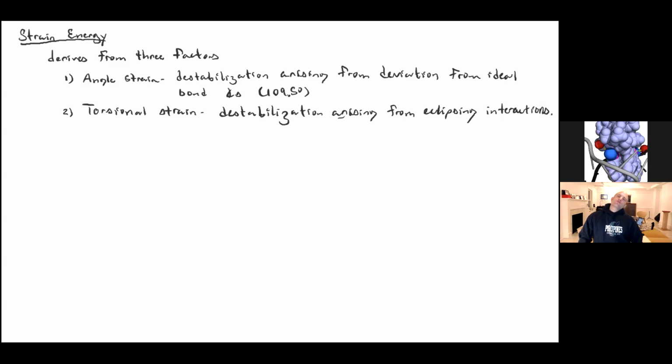And then the third contributor is what we call transannular strain. And this is a new one. And so transannular strain describes repulsive interactions between substituents across a ring. And for us, this is going to involve interactions between hydrogen atoms across a ring, okay?